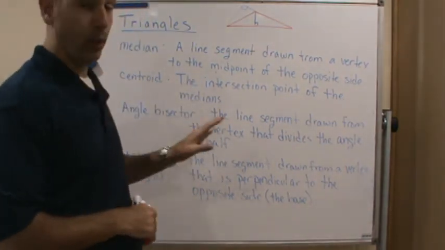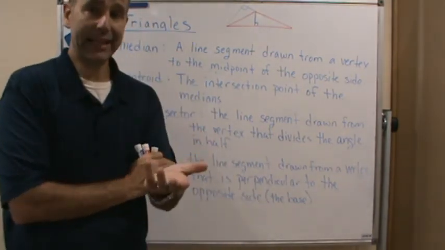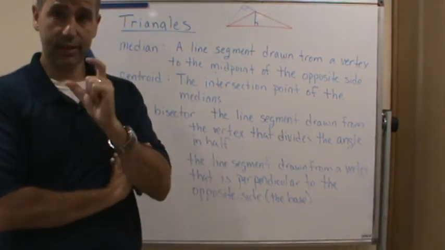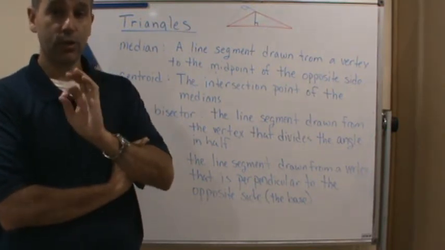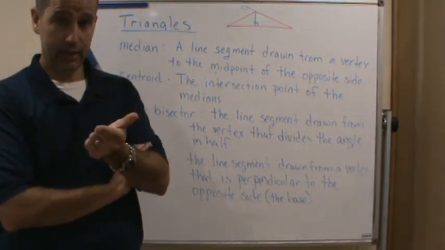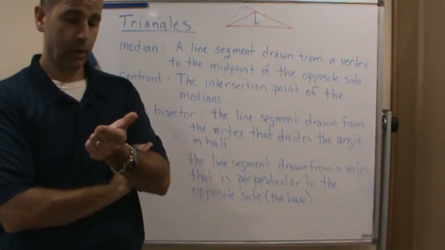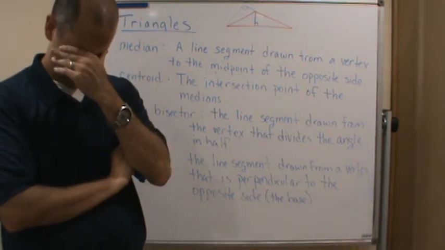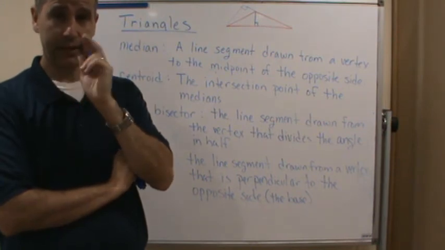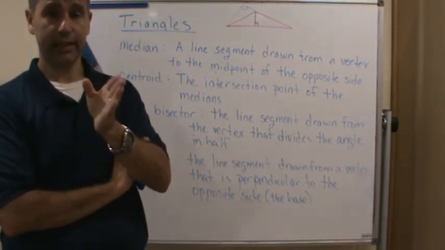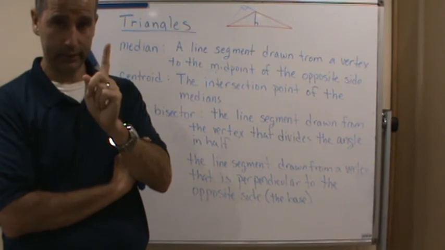But my point is this: in every case, the altitude is going to tell you the height of the triangle. And just like with the medians and the angle bisectors, the altitudes also will intersect at one point.